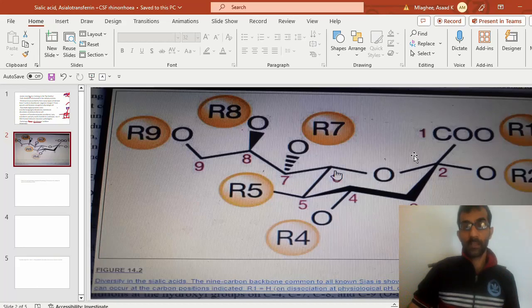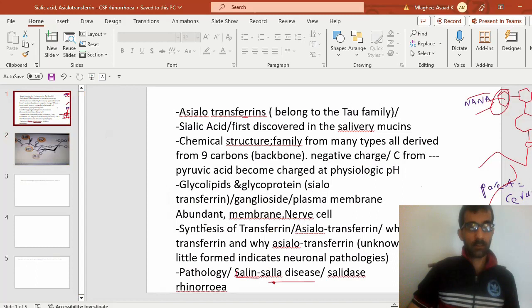Under physiological pH, the first carbon becomes negatively charged. That's called sialic acid. Sialic acid is found in glycolipids and glycoproteins, or lipid attached to glycan or protein attached to glycan.